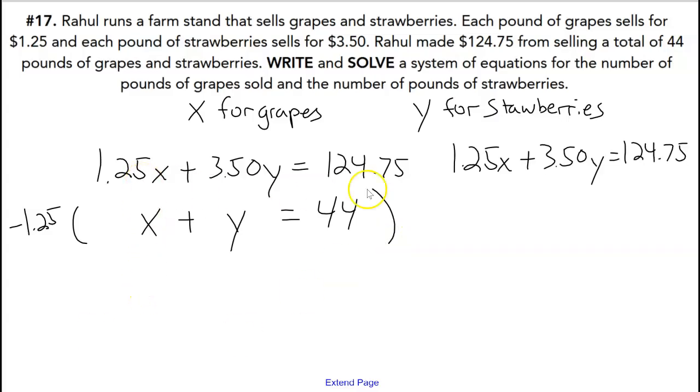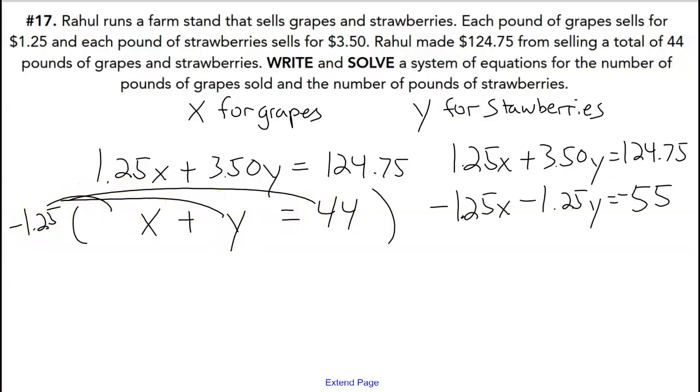So first I rewrote the top equation. So I get 1.25x plus 3.50y is equal to 124.75. And now I'm going to distribute this negative 1.25 to each term in that second equation. So now I get negative 1.25x minus 1.25y is equal to negative 55.